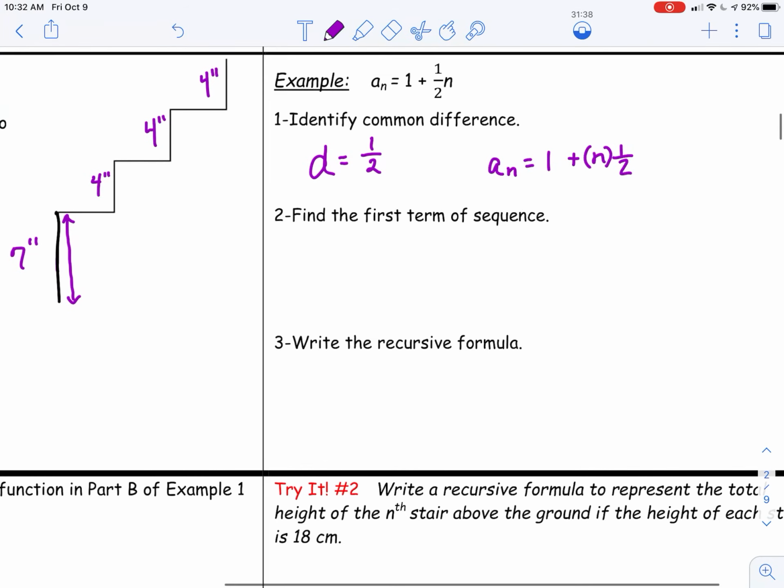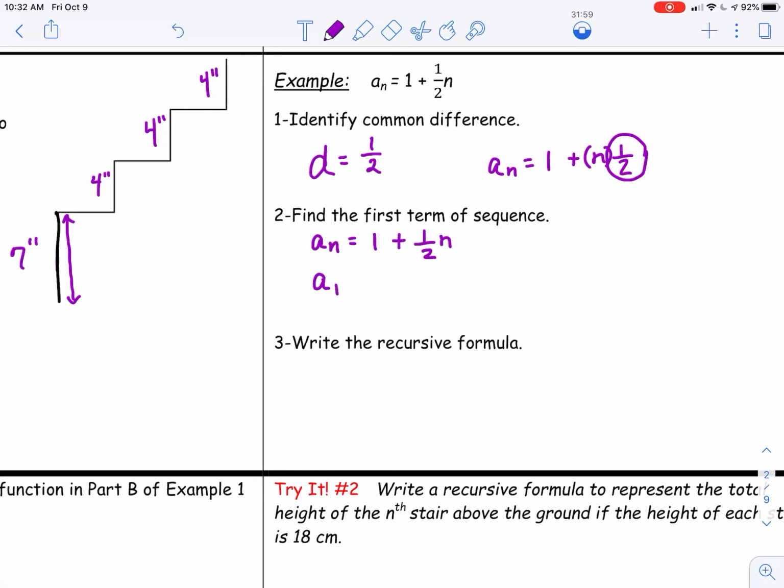Now the second step here, we want to find the first term of the sequence. So we're going to write down what we're given up here. We have 1 plus 1/2 n. Oh, and by the way, go back up here and just circle that. Okay, now we're going to fill in.